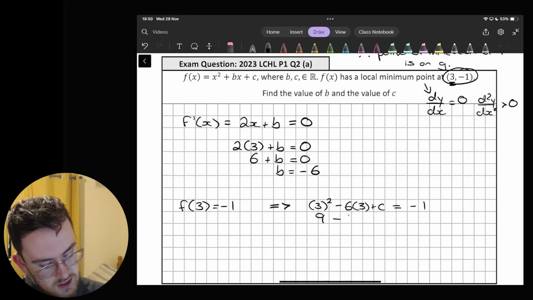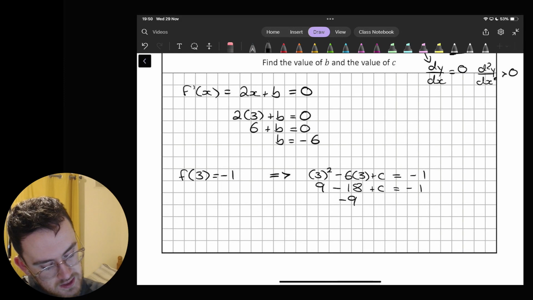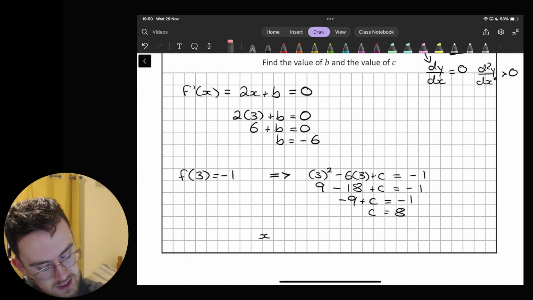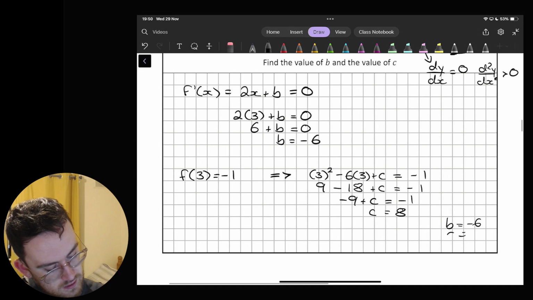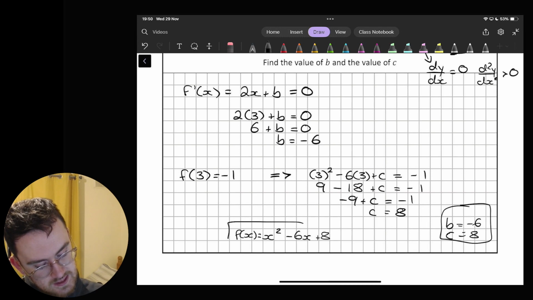That's 9 minus 18 plus c equals minus 1. So I get minus 9 plus c equals minus 1, which is going to give me that c is equal to 8. We're asked to find the value of b and c, so let's write these over here. And no harm to write out the equation as well: x squared minus 6x plus 8.